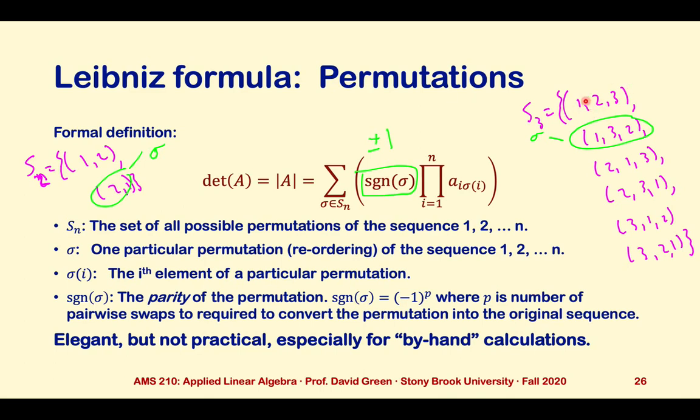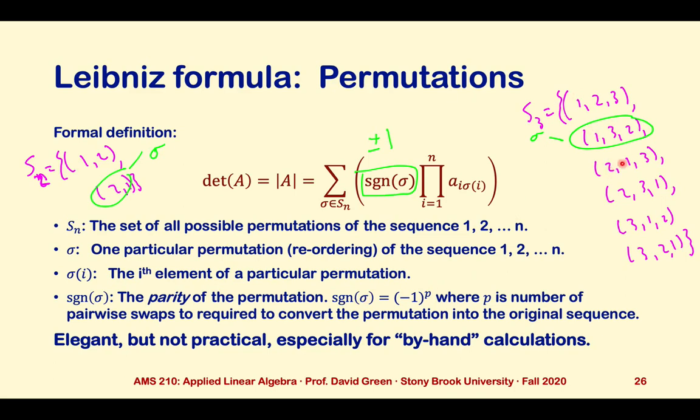The original sequence uses 0 swaps and so always has a positive parity. 2, 1 can be returned to 1, 2 by a single swap of numbers. It has a parity of -1.